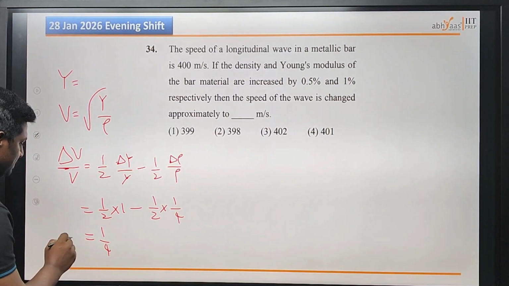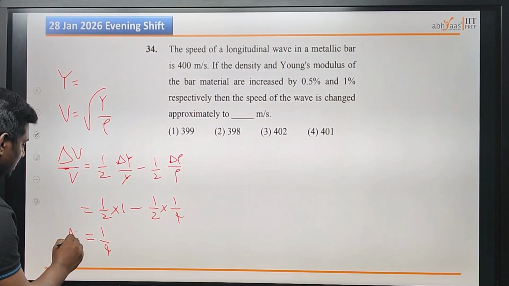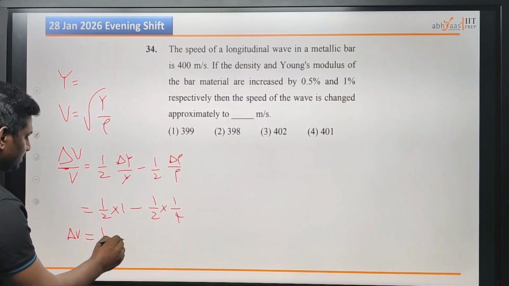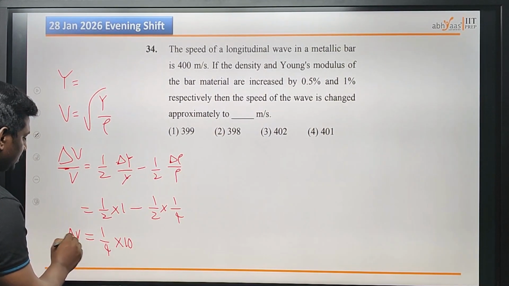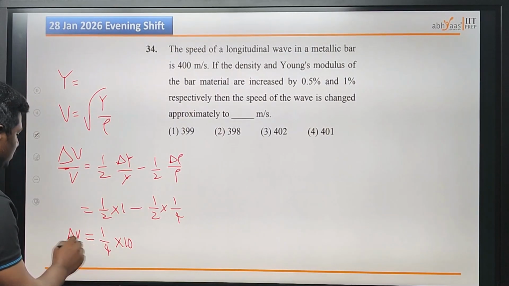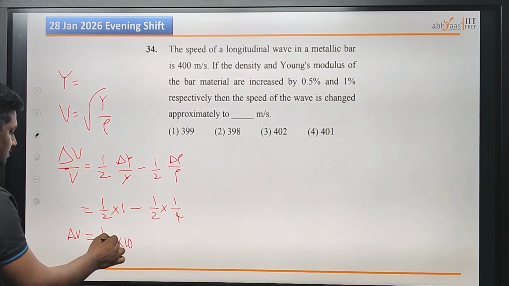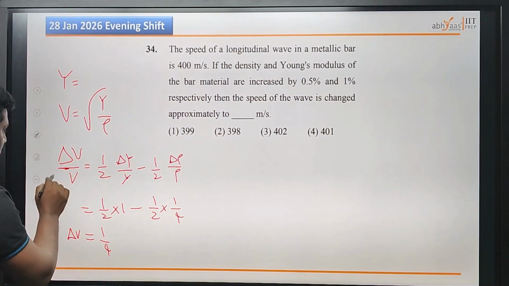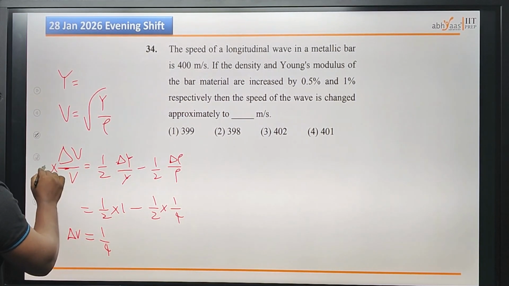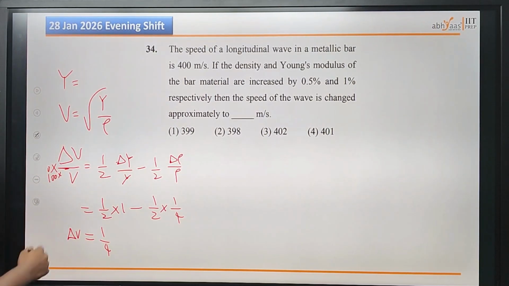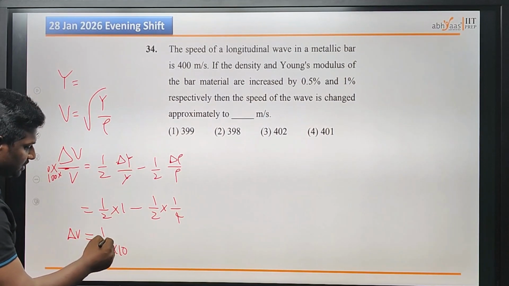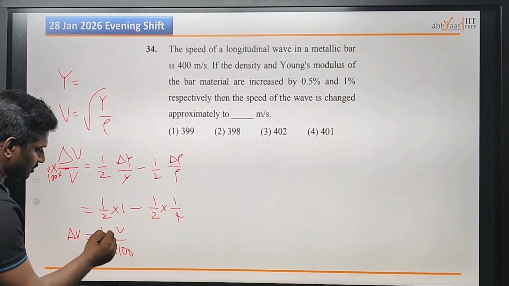So next one, see here, delta v by v, the percentage, you have to multiply with 100. At this point also you have to multiply with 100. I am sending 100 downward and v is there, I have to send upside.